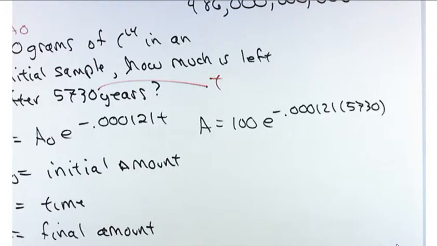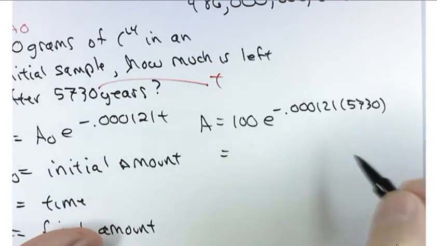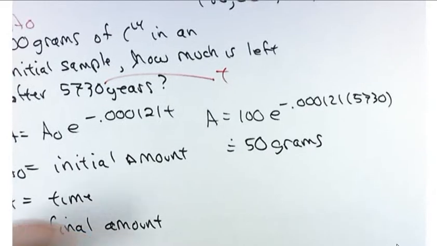Lead should be the end. I thought I heard somebody saying something about lead. All right, let's skip lead. Let's try strontium, cesium. They all have half-lives. So we get about 50 grams.